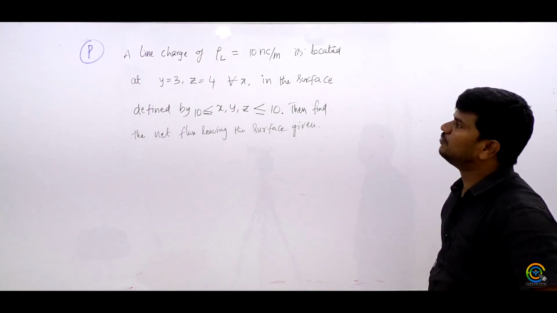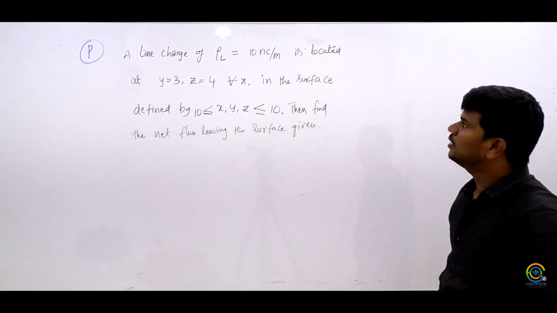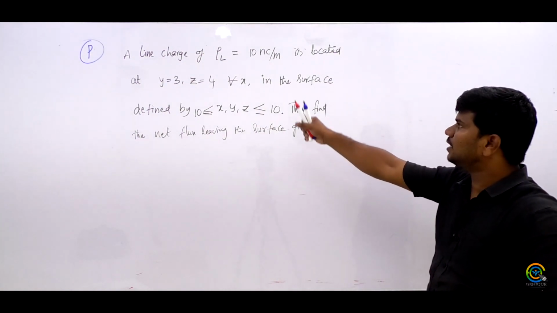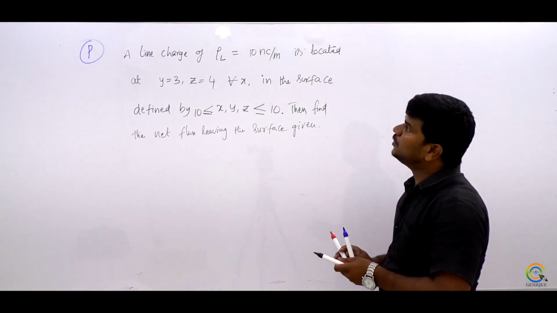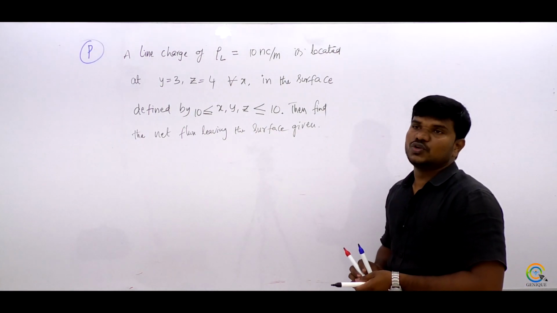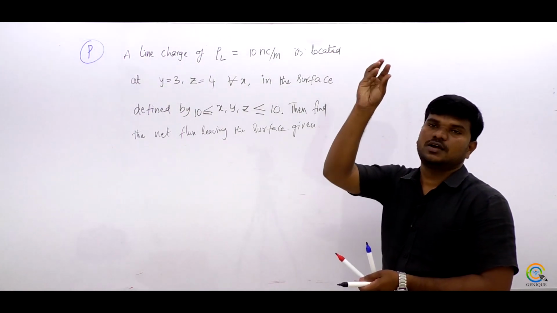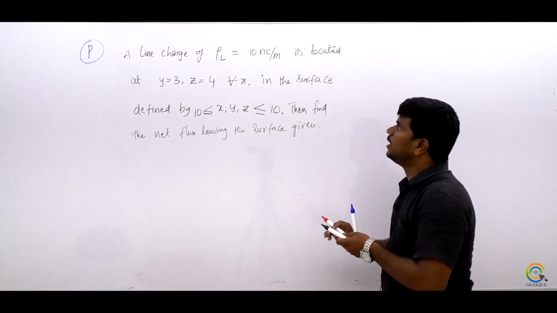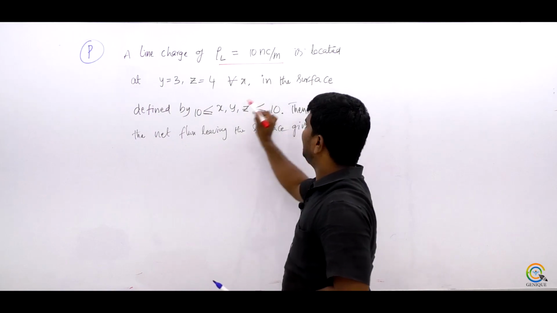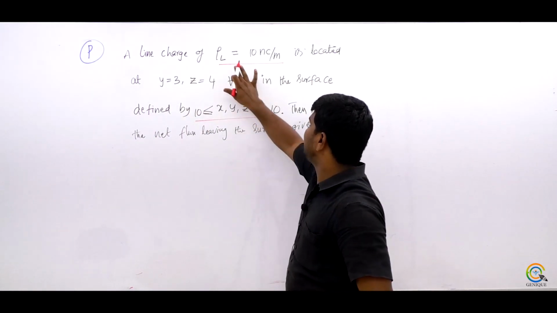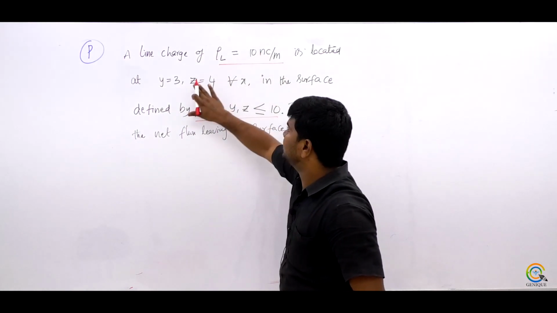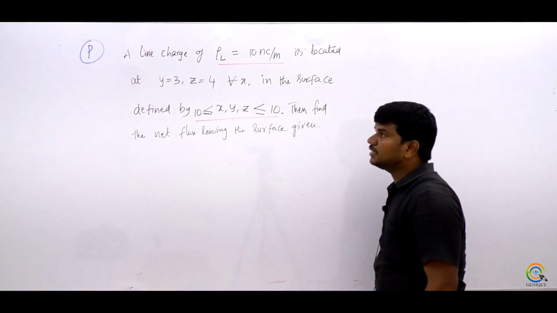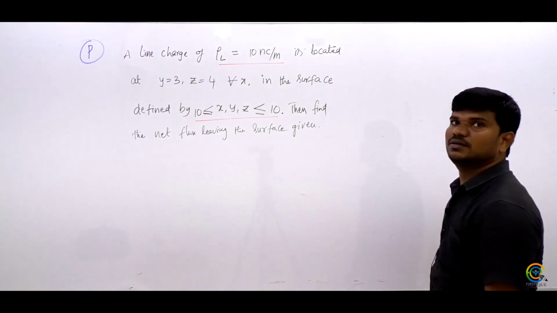How do we find the net flux leaving the surface here? You have to identify the surface and the charge, and whether the charge is inside the volume or not. This is the line charge and it is the surface, and the line charge is placed there.